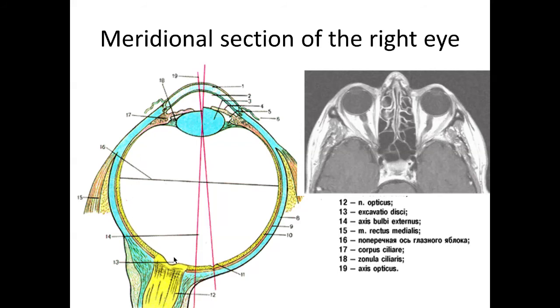It is due to the unsymmetrical positioning of the optic nerve, and we can understand it looking at this section in MRI imaging.